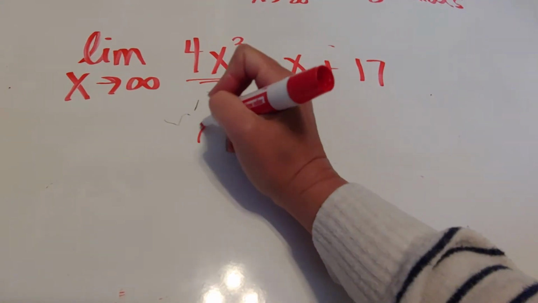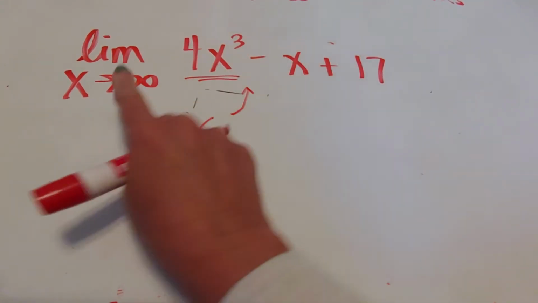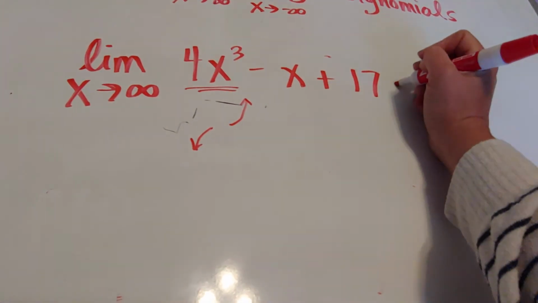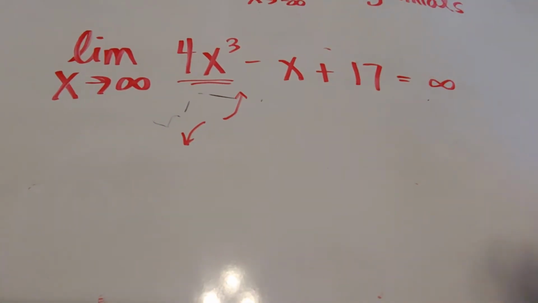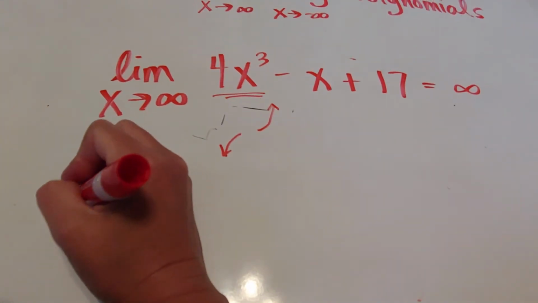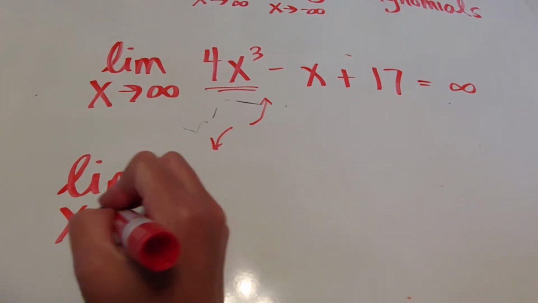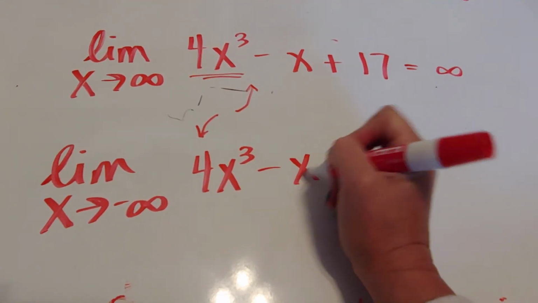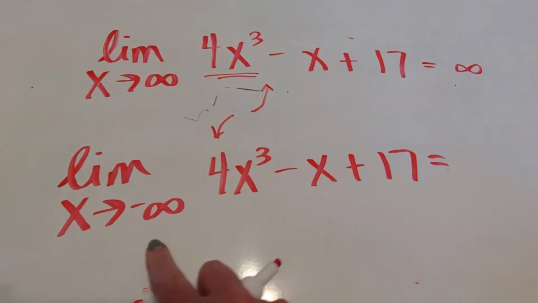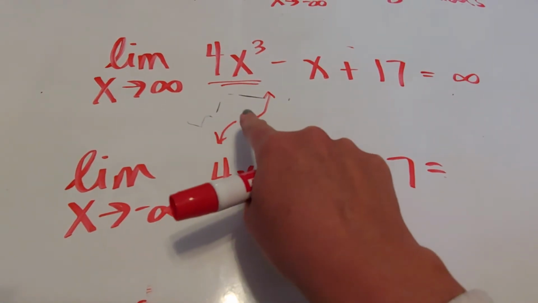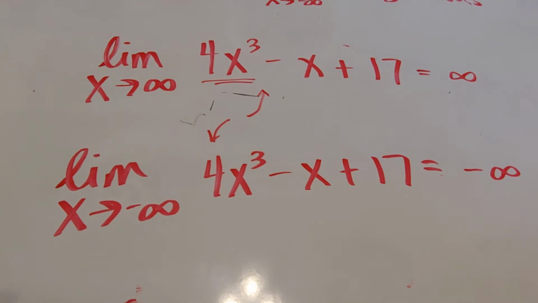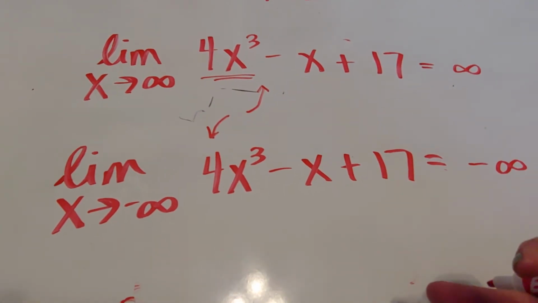So from my little talk earlier, it's going to go like this. So as it approaches positive infinity, it's going to go to positive infinity. That's the whole answer. If I was asked what the limit was as we walk to negative infinity, well, as we walk to negative infinity, it's going down. So here, the answer would be negative infinity. All right, pretty fast, right?